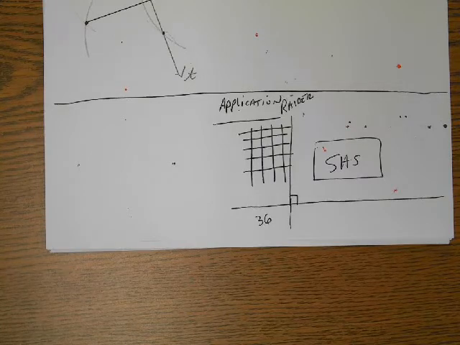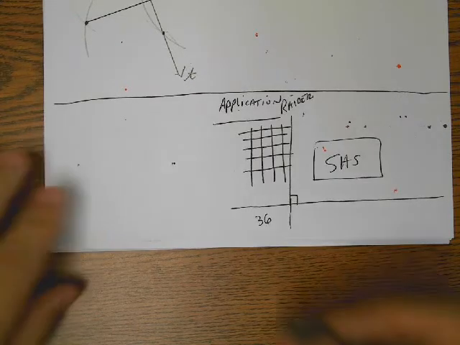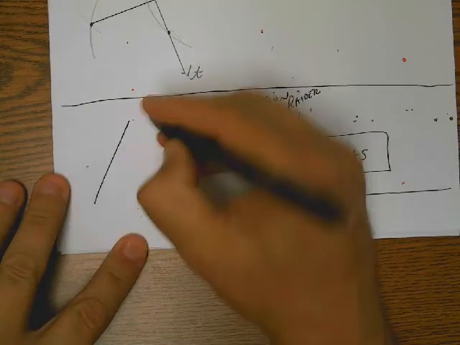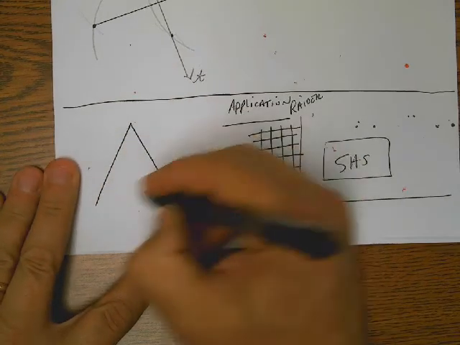Not like the Leaning Tower of Pisa, which wasn't constructed like that, but it has tilted since its construction. So there are all kinds of applications for 90 degrees.